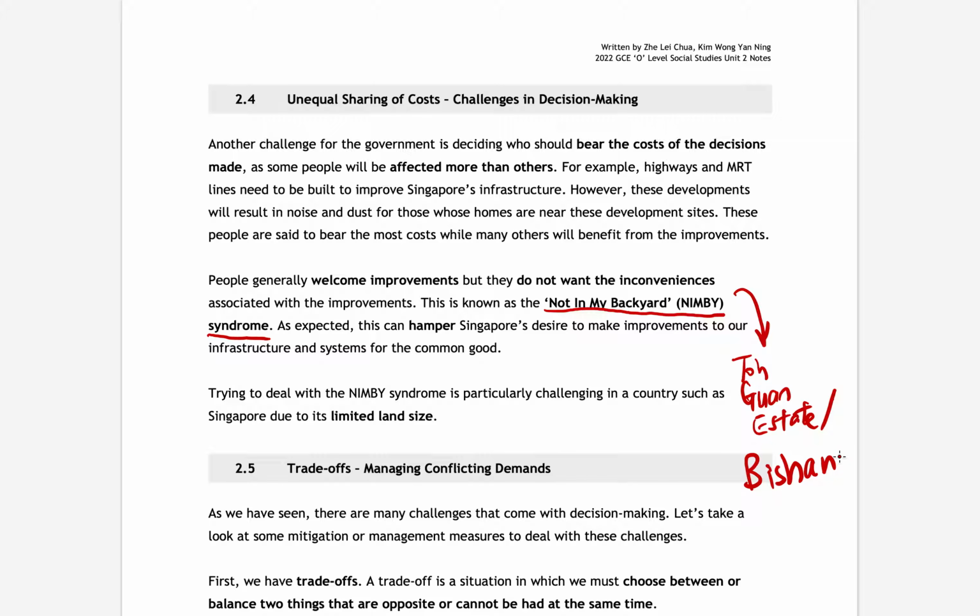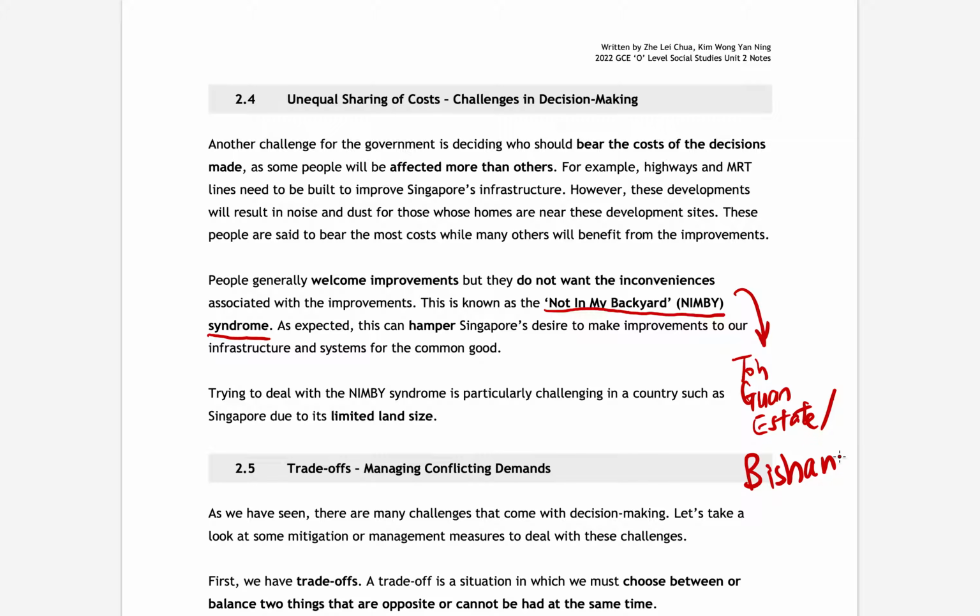These people are not against benefit. They are simply against the inconvenience that has to be derived as a result of getting these benefits. That's what they don't like, and as a result, they reject this type of proposal. Okay, in Singapore especially, this is very concerning. Why? Because we only have that amount of land.